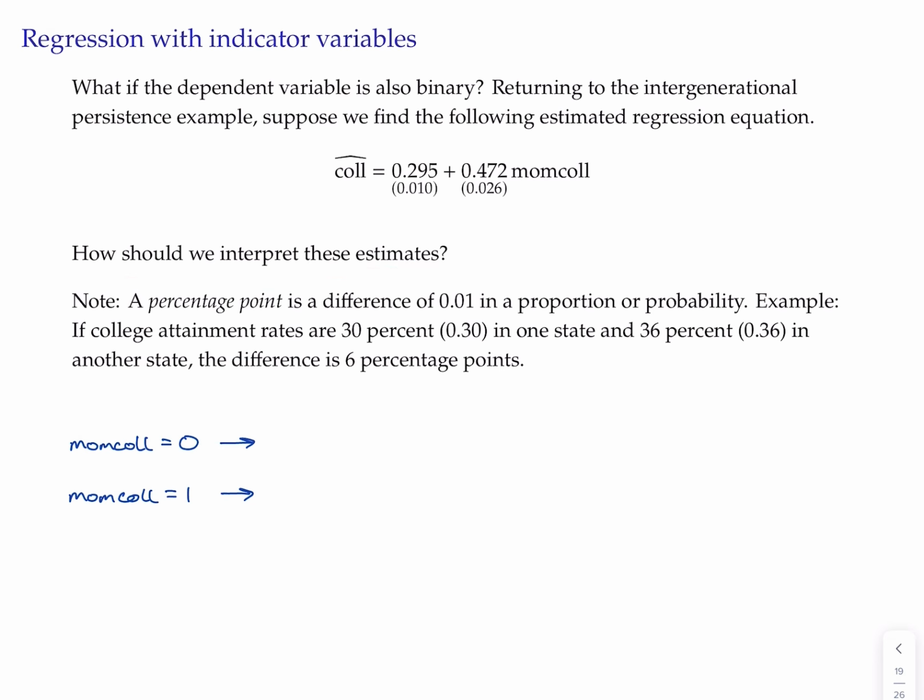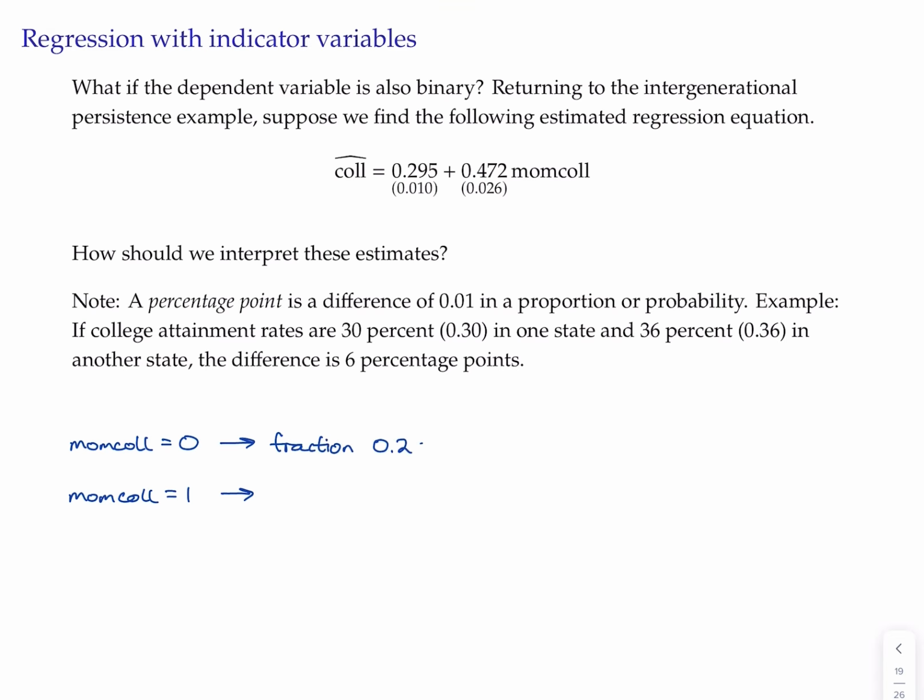This is an example of a saturated model. So when we find the fitted values here, they correspond to sample shares of the daughters who have a college degree, depending on the two categories of the mom's degree variable. There's two possible values of whether the mom has a college degree. If we plug in 0 for that x variable, all that's left is the intercept.